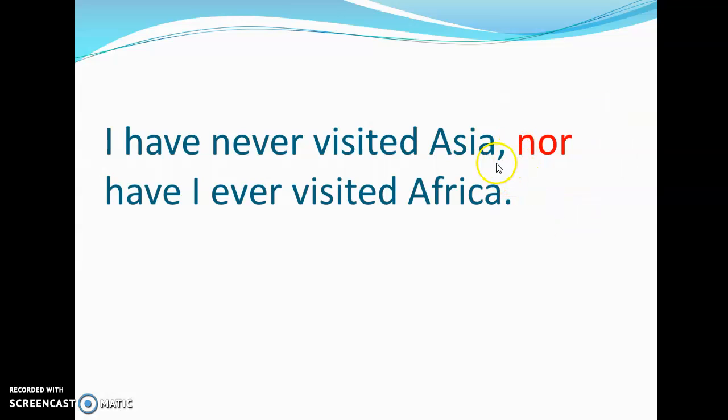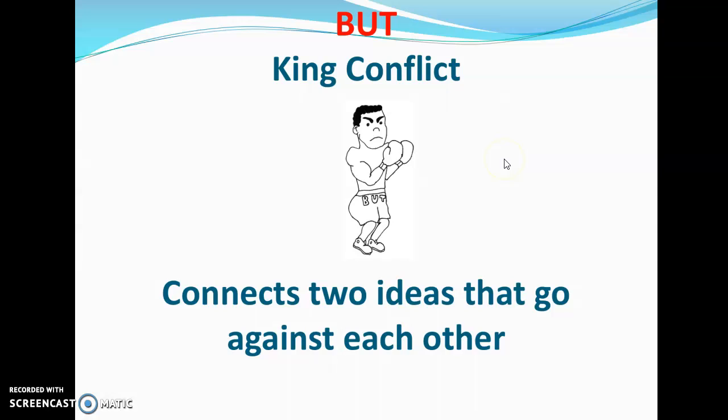I don't know if you noticed, but we have a comma before the conjunction in all the sentences. If you don't put a comma, it's a mistake. Next we have but. But is when you connect two things that are against each other. So, king conflict, as you can see here, connects two ideas that go against each other.